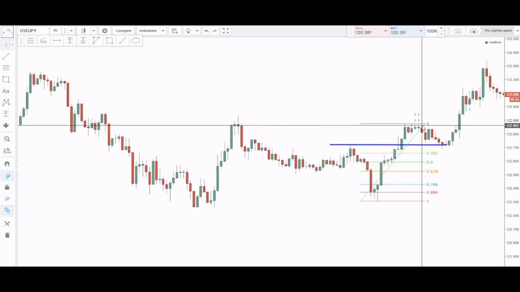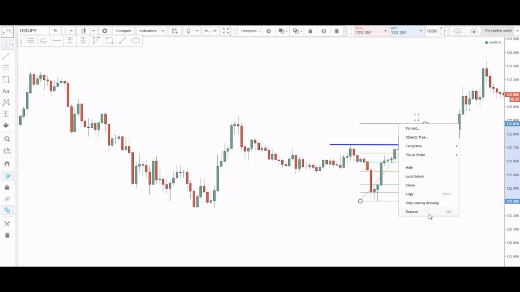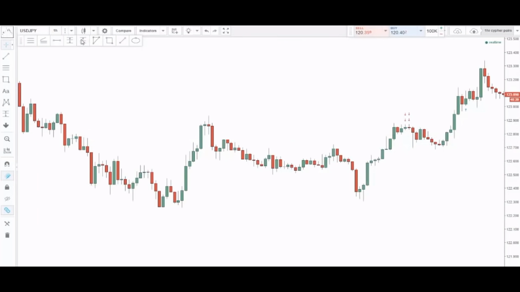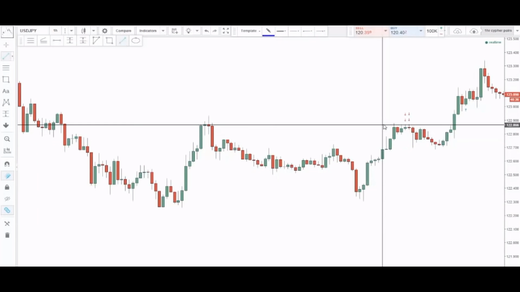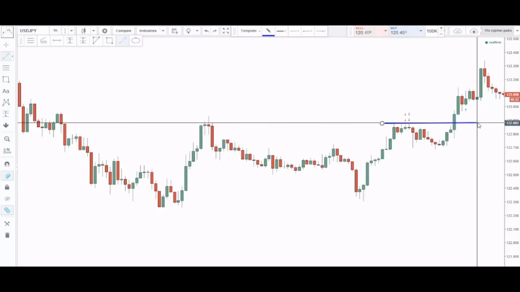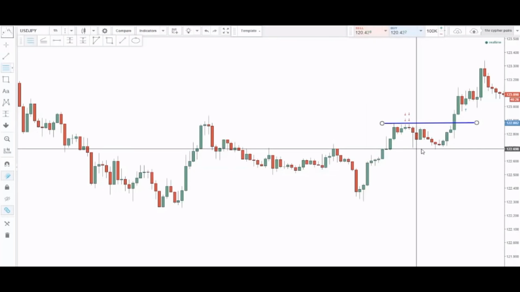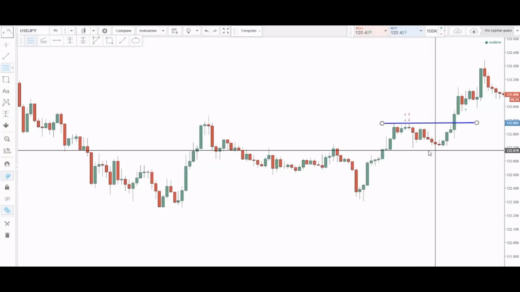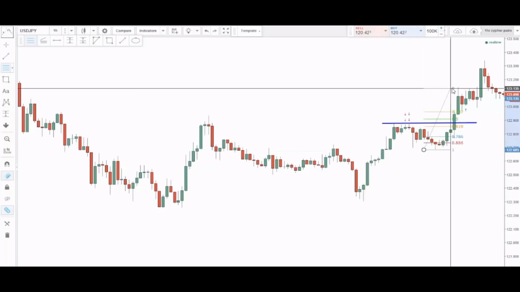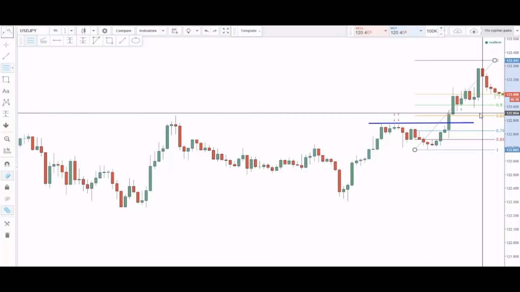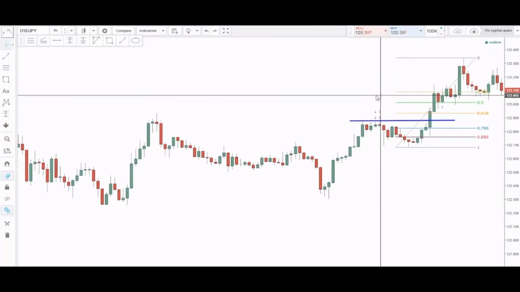Next up, let's continue on the chart. As you can see, we get another break above, close above this previous resistance level right here. On this candle, we break above, close above this level. So what I would do is take a Fibonacci retracement from the most previous swing low up to the swing high before we start to really retrace.